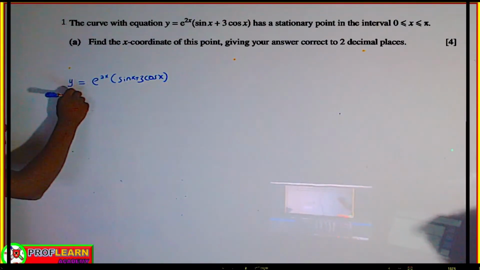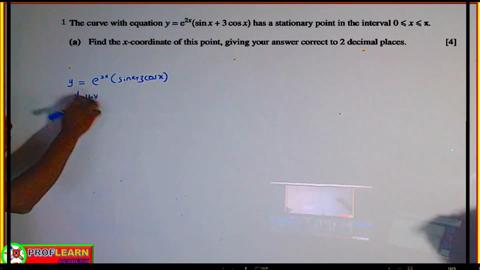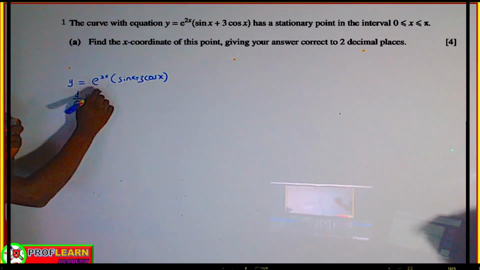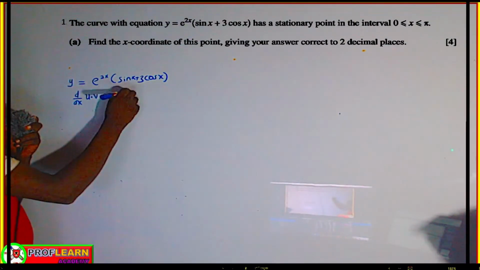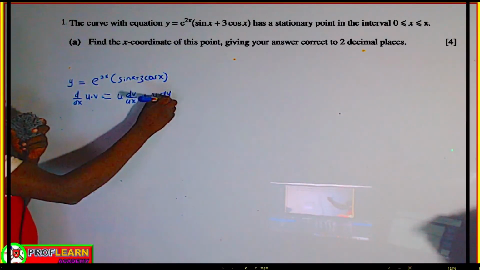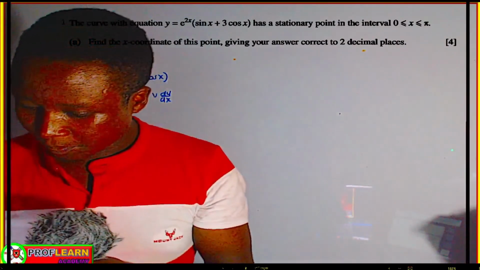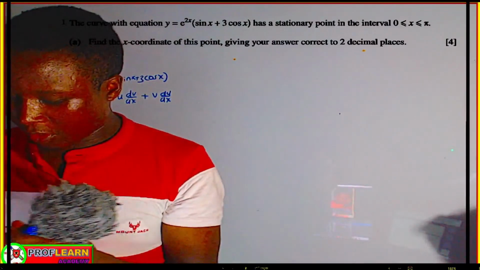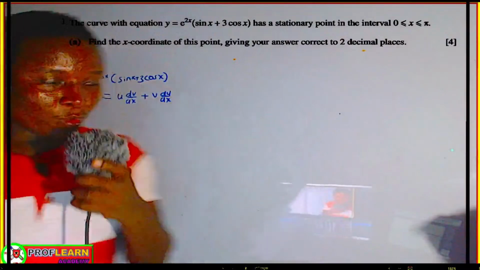So meaning we are going to employ product rule in order to work out this. Remember, if you're having two functions multiplied, in order to find d/dx of uv, whereby u and v are the two functions which are multiplied together, it will be u dv/dx plus v du/dx. So in the process of working this out, I'm going to differentiate each of the functions separately.